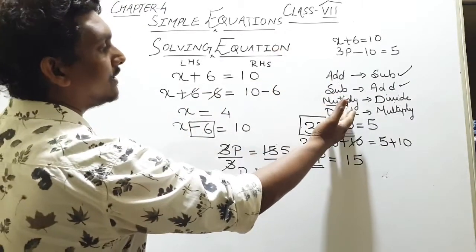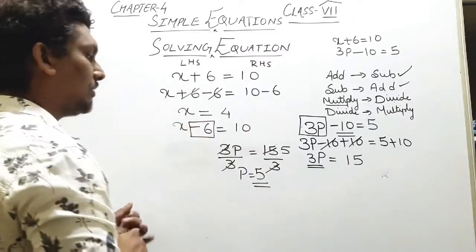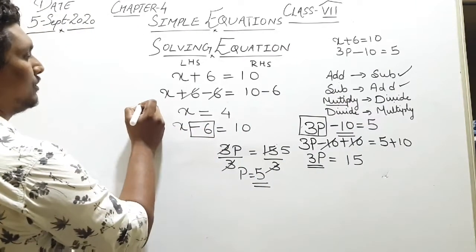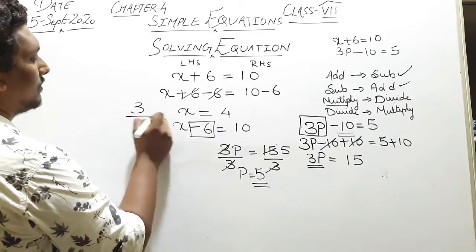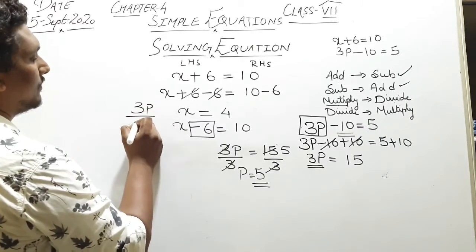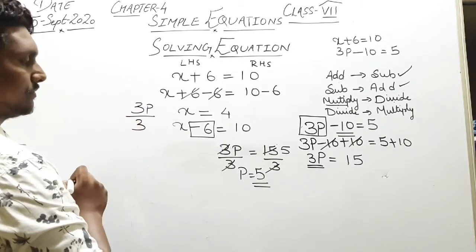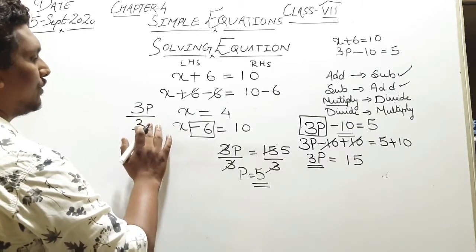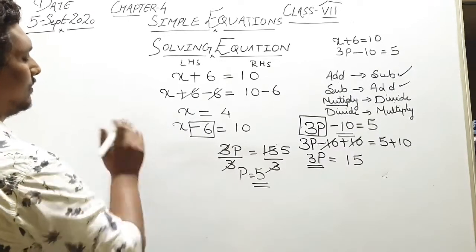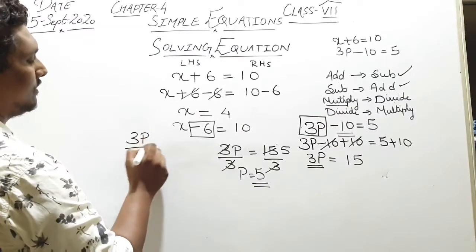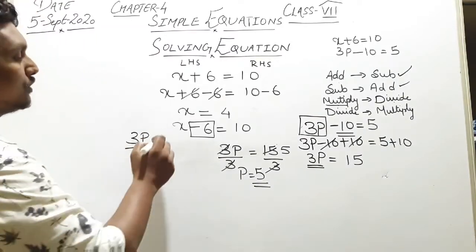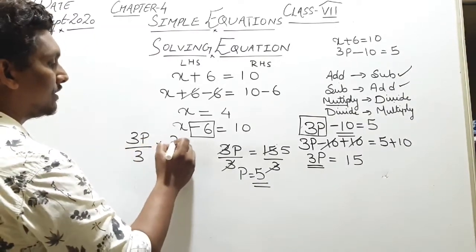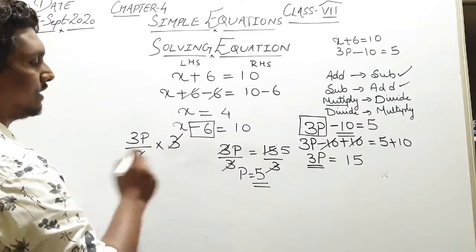If it is in the form of division, suppose 3p by 3, then here you have to do the multiplication, and you cancel this 3 like this.